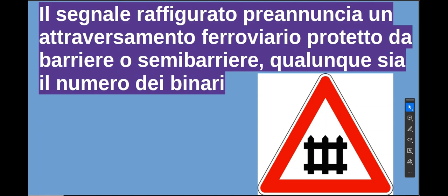Okay, so in that case, we already know that this answer is vero, because it says this sign is alerting us of a crossing of a train line that is protected by a barrier or a semi-barrier, irrespective of the number of train that crosses there. So the answer is vero.